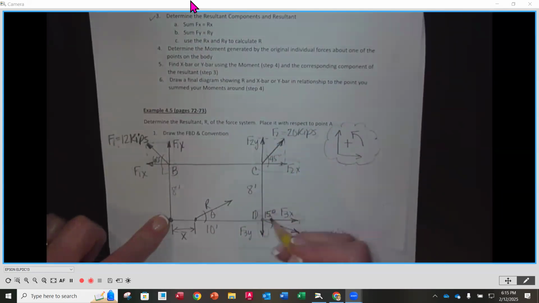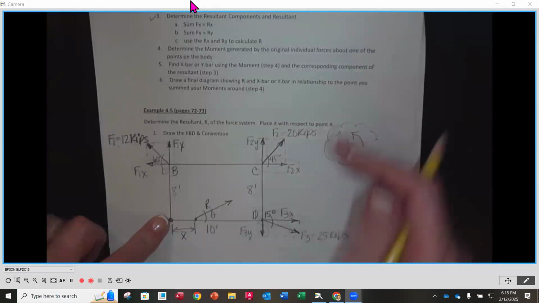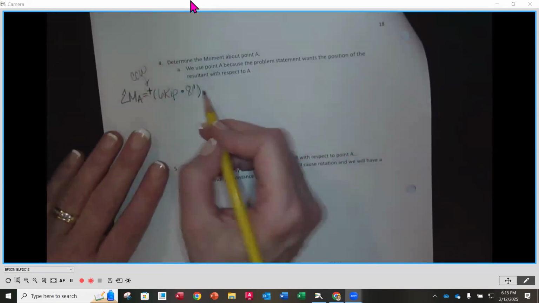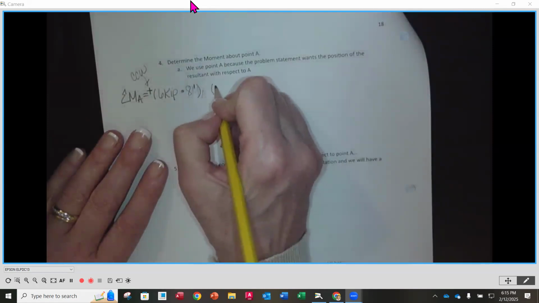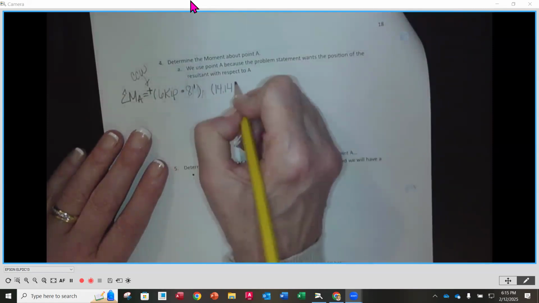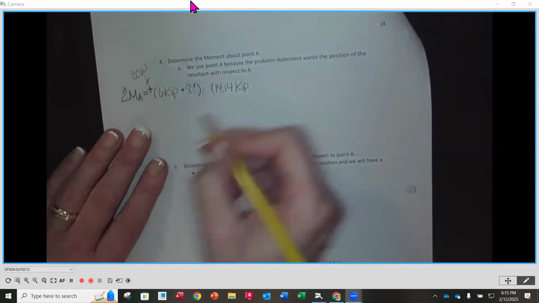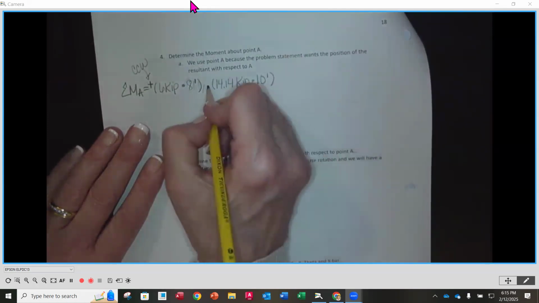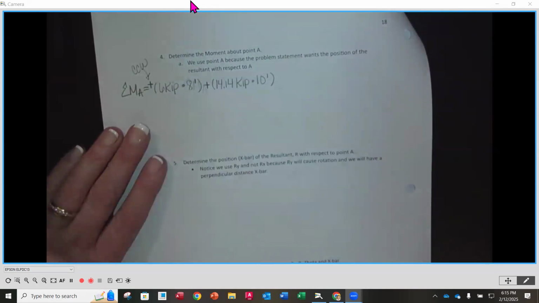It is going to make a perpendicular, so 10 feet is going to be the perpendicular distance, okay? So all of that, we're going to leave a space here, parentheses, 14.14 kips, that's the force, times 10 feet perpendicular distance, and a positive out front because it is rotating counterclockwise, okay?